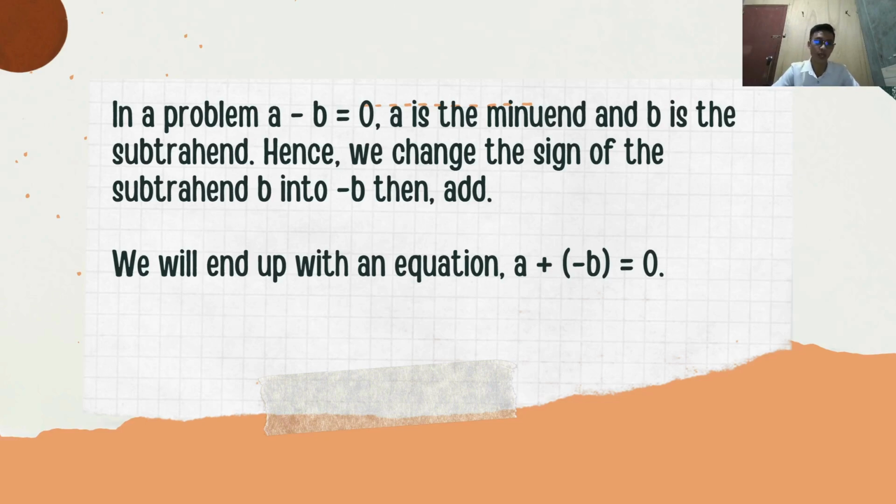A is the minuend and b is the subtrahend. Hence, we can change the sign of subtrahend b into negative b, then add. We will have the equation a plus the quantity of negative b is equal to 0. I hope you get it.